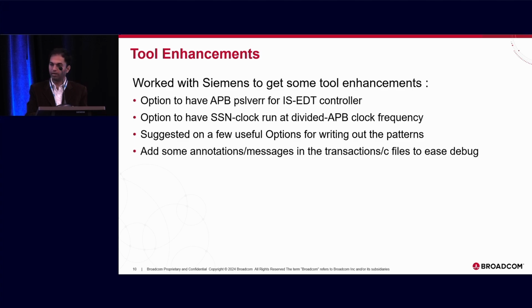And then for writing out the pattern also, because we have multiple loads, right? We asked for a feature where we can specify, okay, this is the memory size, and it will create multiple files based on the sizes, rather than using a max load of 20 or 25 patterns. So these were a few things which we worked with them on, then some debug messages and all, we asked for that. And as per my understanding, all of these are already part of the product now.